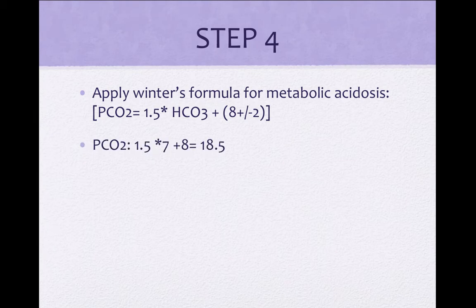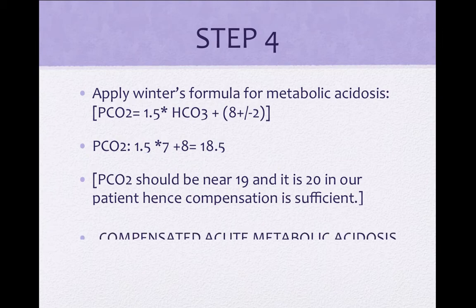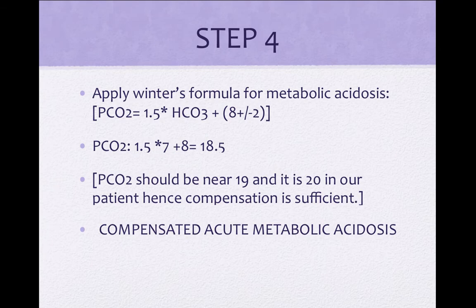So we input all the values and we get 18.5. Now the PCO2 should be near 19 and in our patient it is 20. Hence the compensation is sufficient and there is no added disorder as of yet. Thus we're going to call it compensated acute metabolic acidosis.